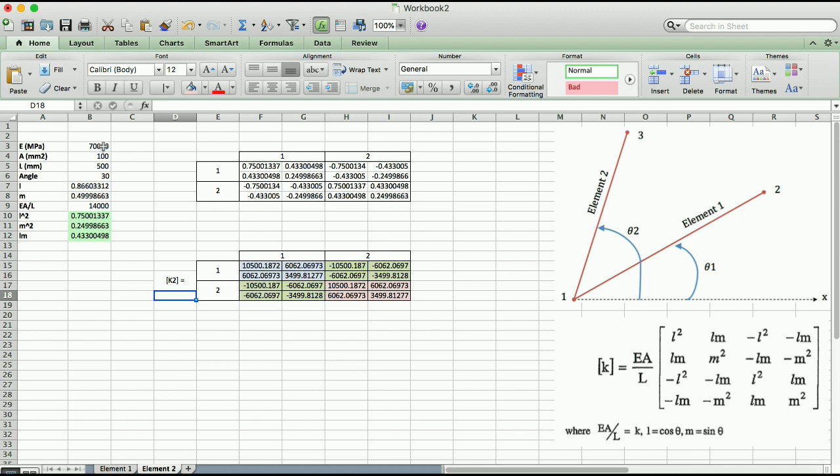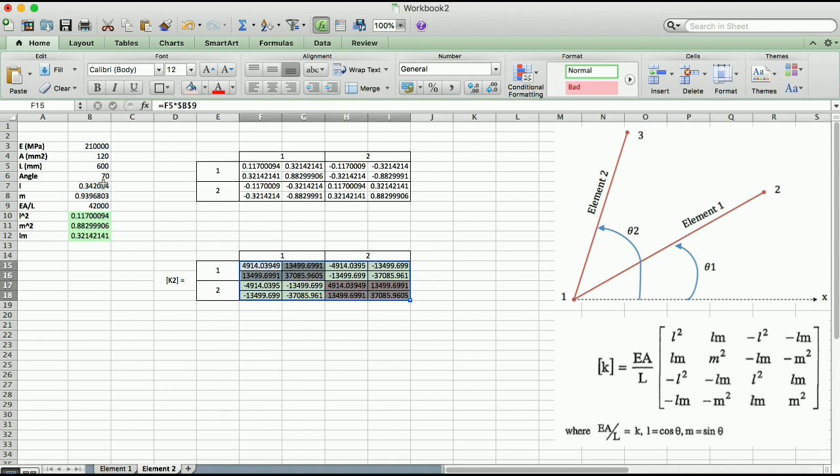Well, if you have a different material for element 2, say if you've got steel, so 210 thousand megapascal, cross-section area 120 for example, and length 600, and theta, say it's 70 degrees, and it will automatically change the numbers on the stiffness matrices.